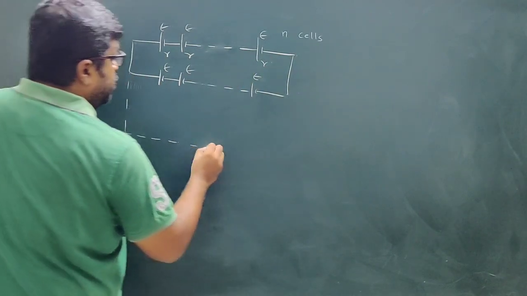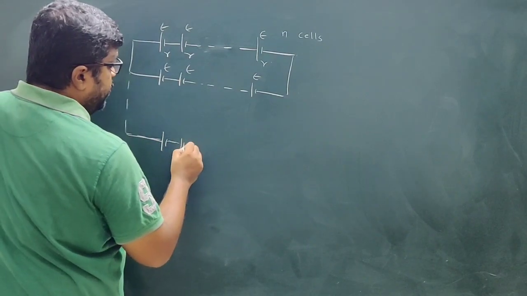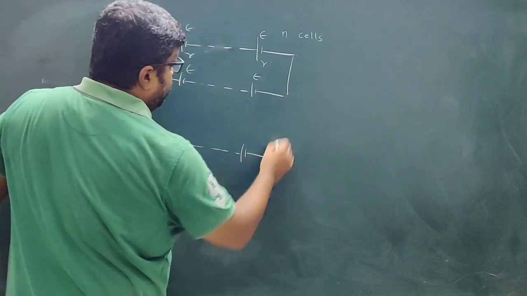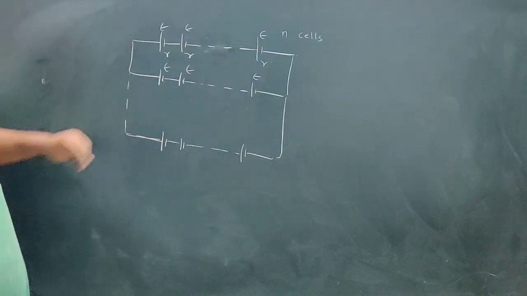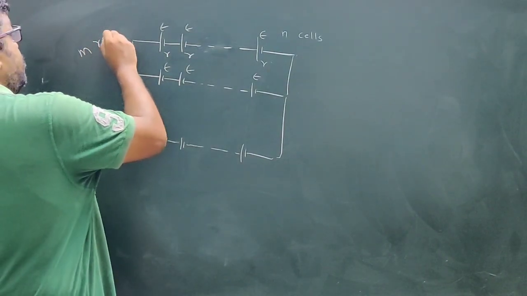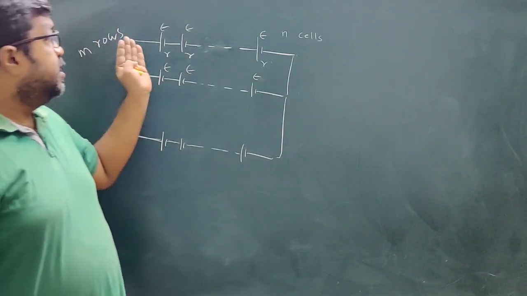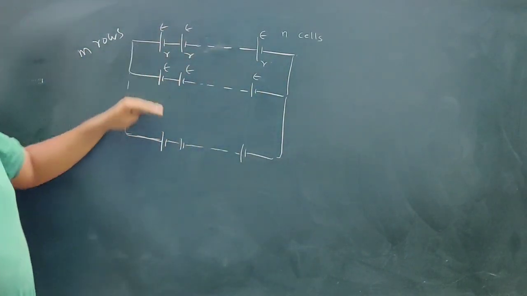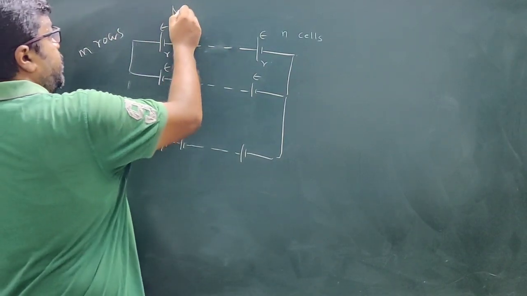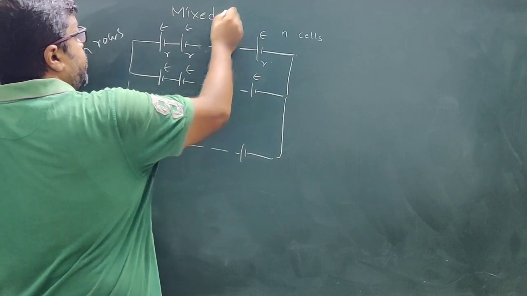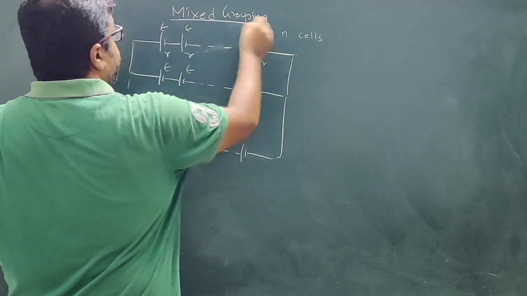Suppose there are such m rows, and they are in parallel. This is series grouping, so we have cells in series and cells in parallel. This is called mixed grouping.